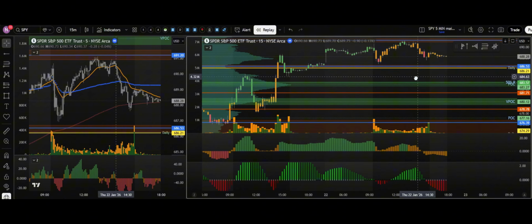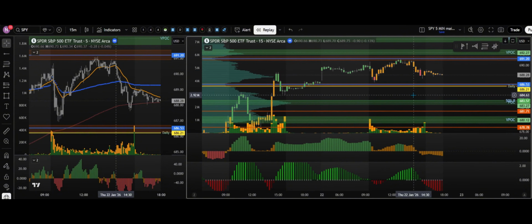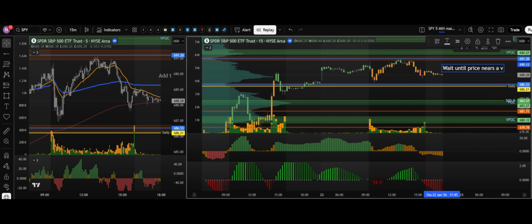So that's kind of the progression for this: one, you want to wait until price nears a volume level. Second, you want to identify the locations of your squeeze indicators.